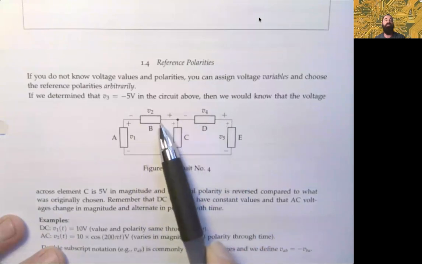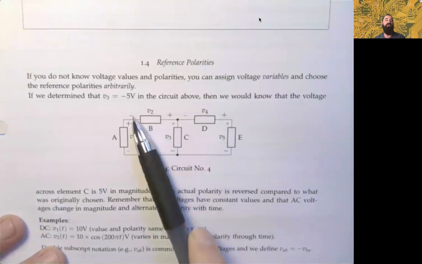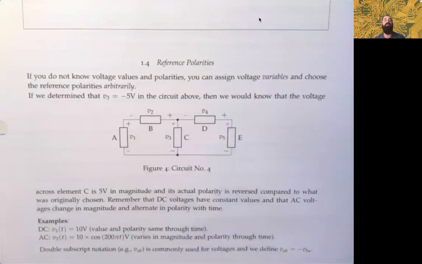Across the top row here for B and D, we have the leftmost terminal being negative and the rightmost being positive.